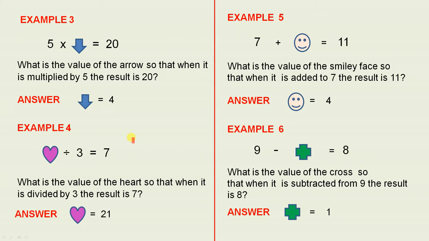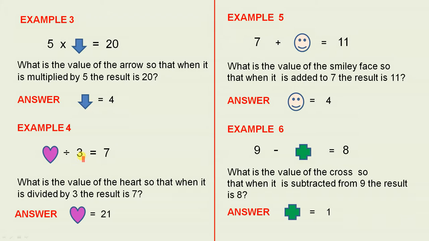Example 4. The heart divided by 3 equals 7. What is the value of the heart so that when it is divided by 3, the result is 7? So heart divided by 3 equals 7.